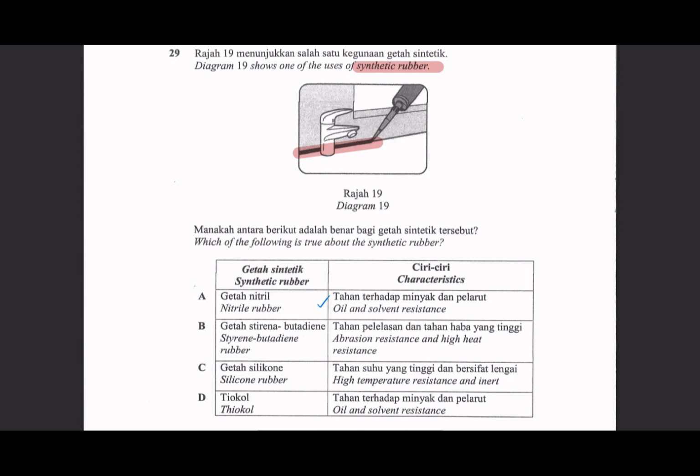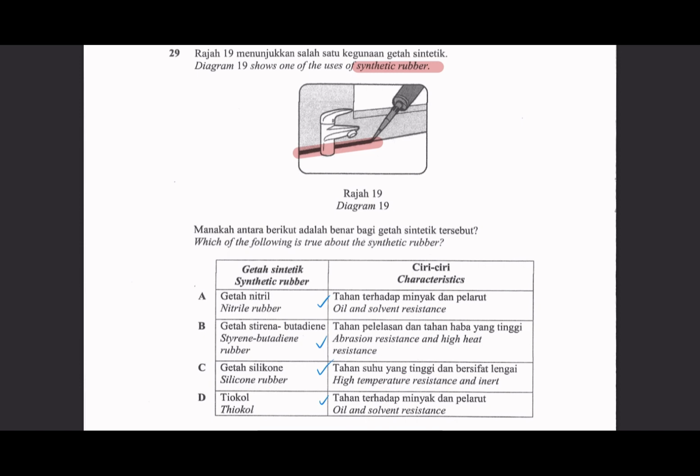Styrene butadiene rubber, abrasion resistant and high heat resistant, yeah, correct also. Silicone rubber, high temperature resistant and inert, correct. Okay, oil and solvent resistant, correct. Also correct.